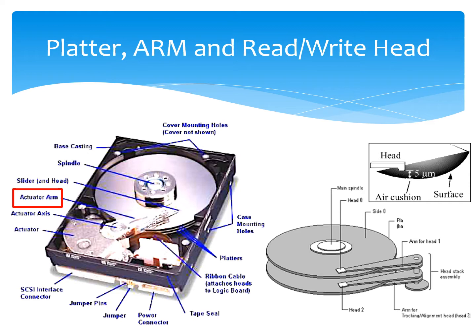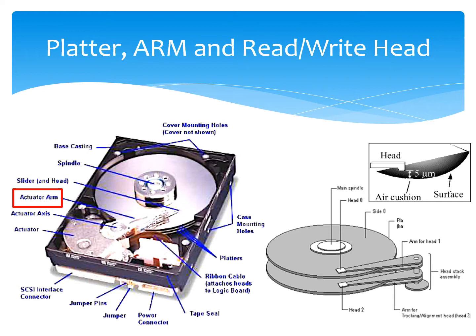The platters rotate at a constant speed of typically 5,400 to 15,000 RPM, which stands for revolutions per minute. The heads read or write data by magnetizing the magnetic material as it passes under the heads when writing, or by sensing the magnetic fields when reading.